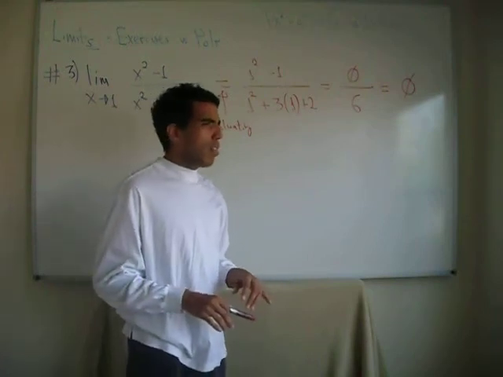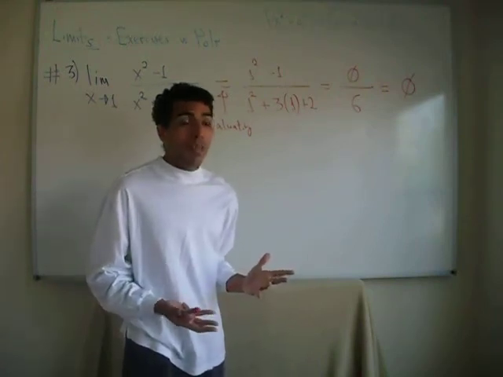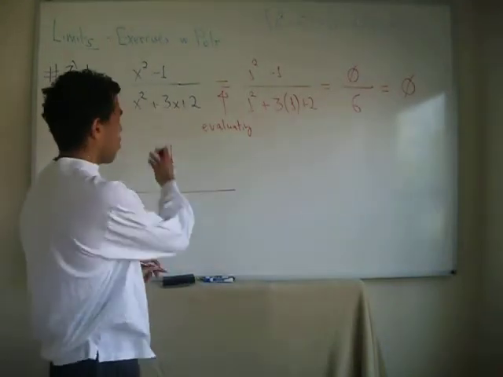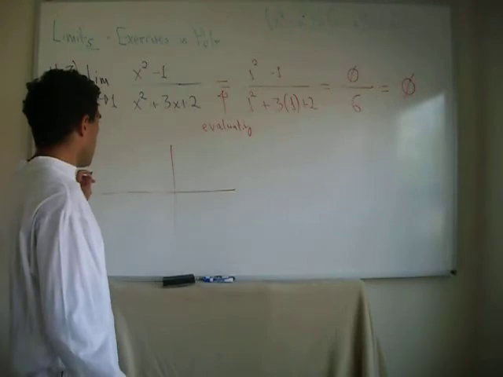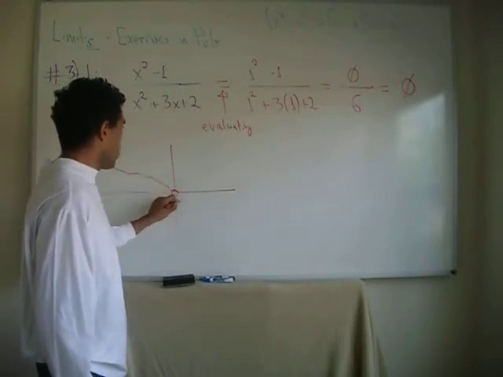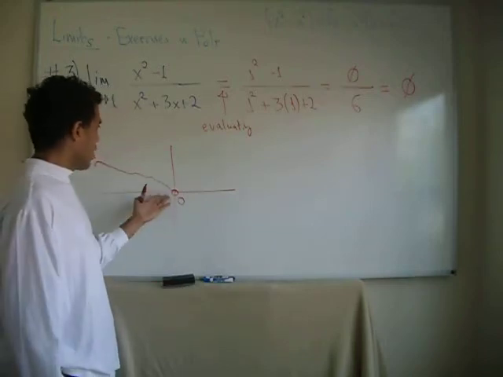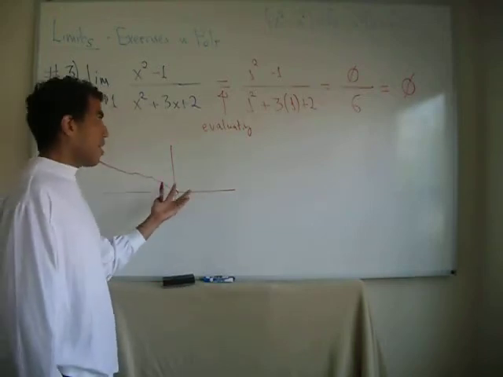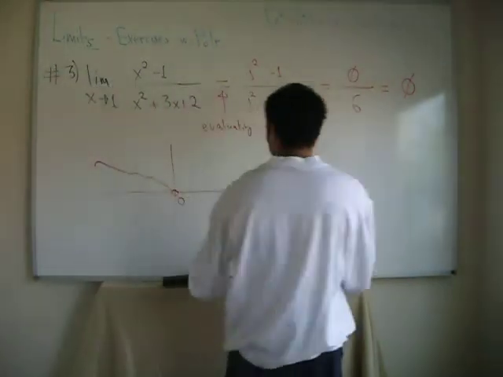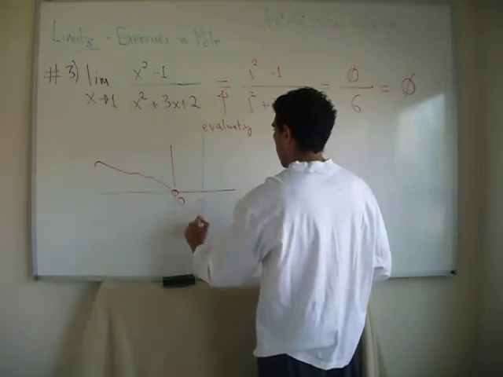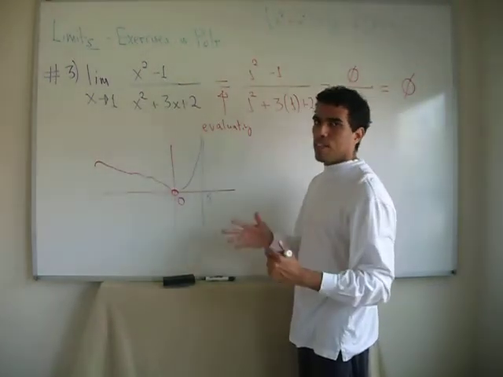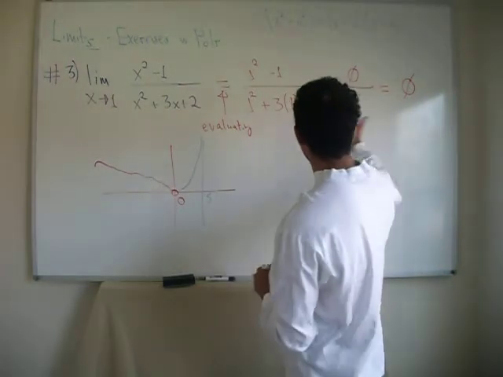But wait, isn't 0 an indetermination? No, 0 is a real number. If we graph the function, and I don't exactly know the graph for this function, but it's going to look something like this, as x gets close to 1, the value of the function is 0. That's what a limit is. It's like the example of the past video where the graph got close to infinity as x got close to 5. In this case, 0 is the answer.